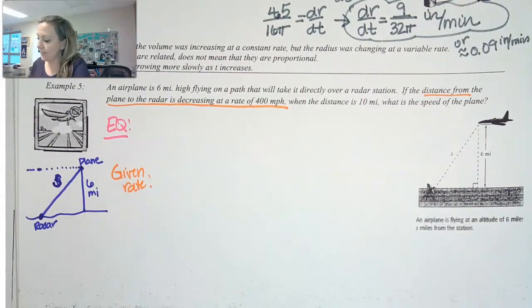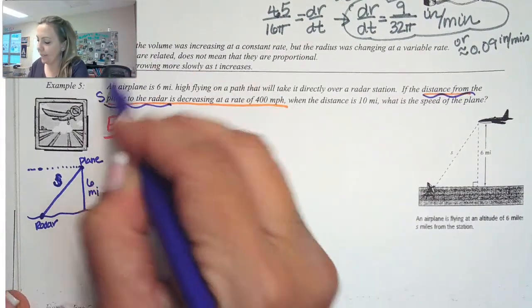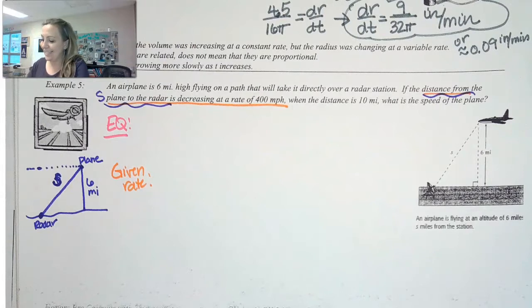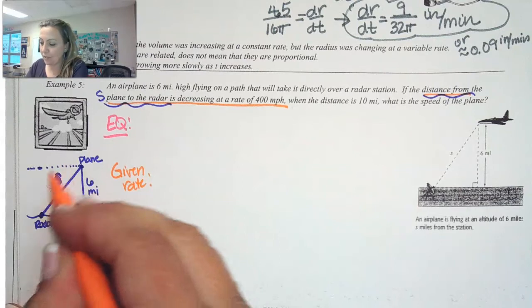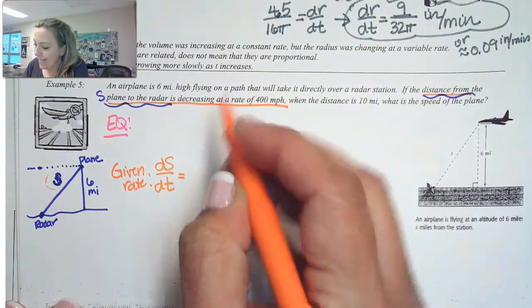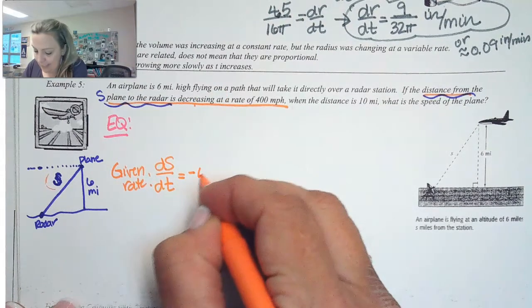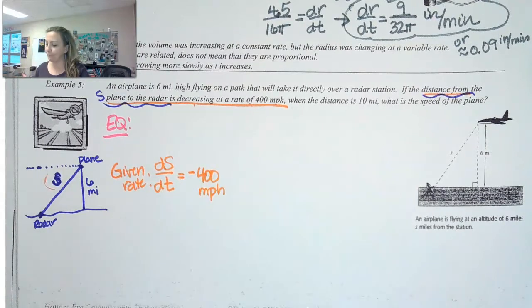Well, this S was the distance from the plane to the radar. So that is decreasing at a rate of 400 miles per hour. So that's how this is changing. So that must be ds dt. And it's decreasing, so that's going to be negative 400 miles per hour.